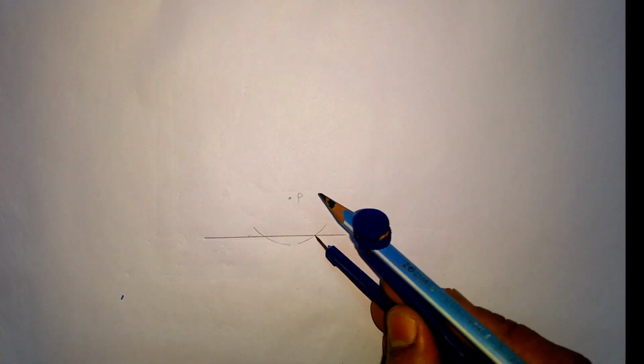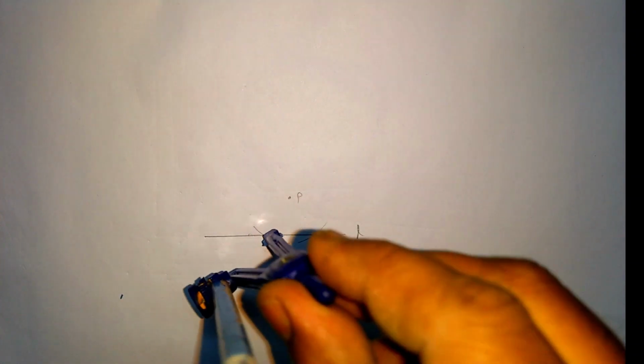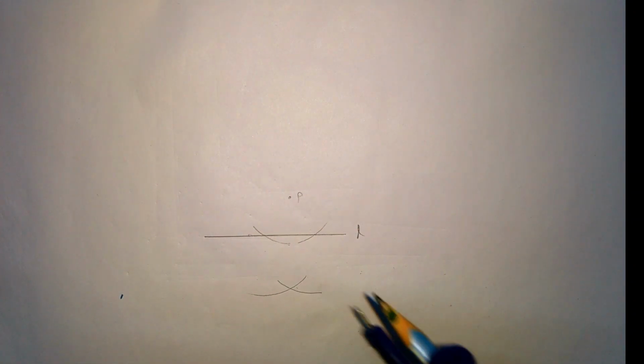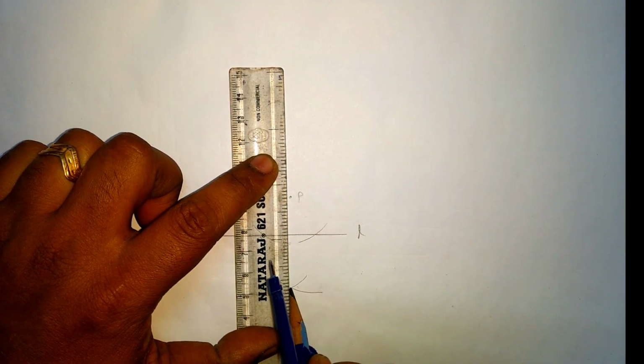Now keep the compass on the first point, make one arc like this. Same way, keep the needle over here in the second point and cut the first arc. Now you will get one point here. Now join point P.